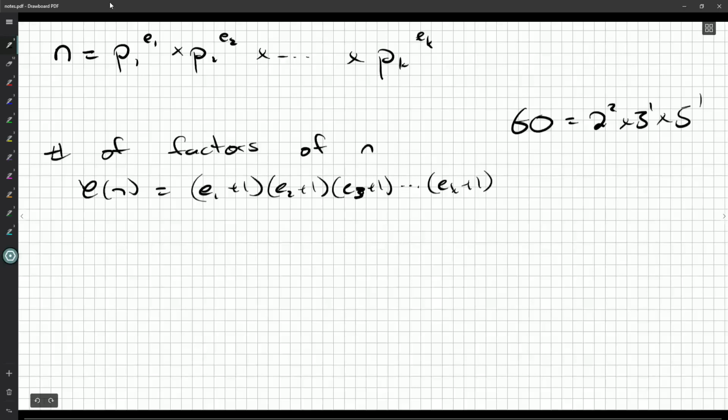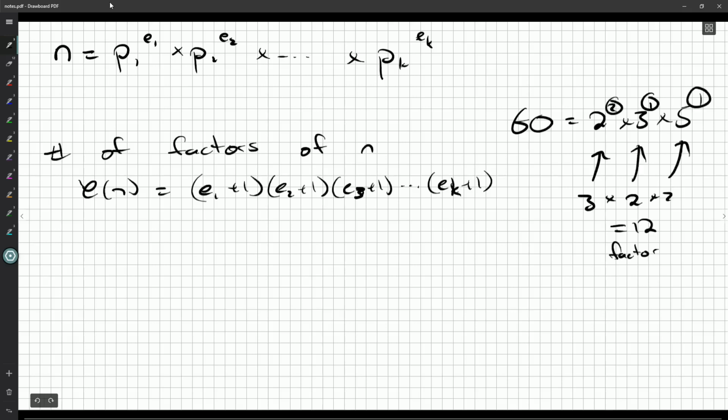It helps with all these counting the number of factors questions, and these pop up on some more advanced contests in high school from time to time. So for example, without writing them all out, I can see that 60 has 3 times 2 times 2, 12 factors. Take the 2, add 1, take the 1, add 1, take the 1, add 1, and we multiply them all together. So this is a nice, neat thing.